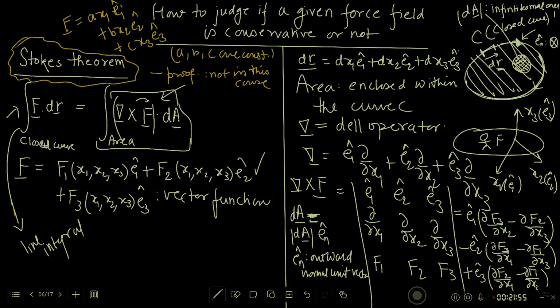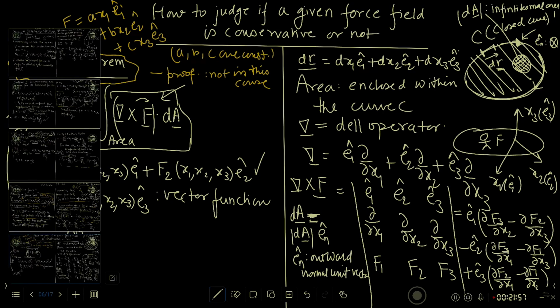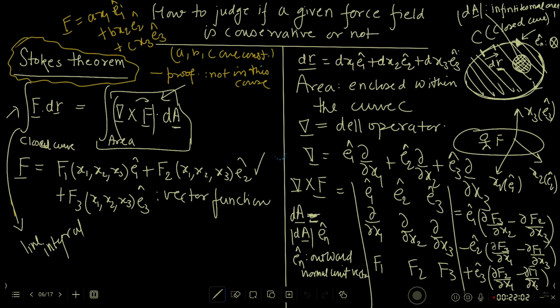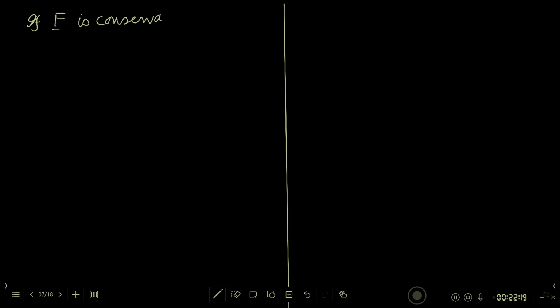Now let's recall that if f is conservative, it means f dot dr from location 1 to 2, what did we say?